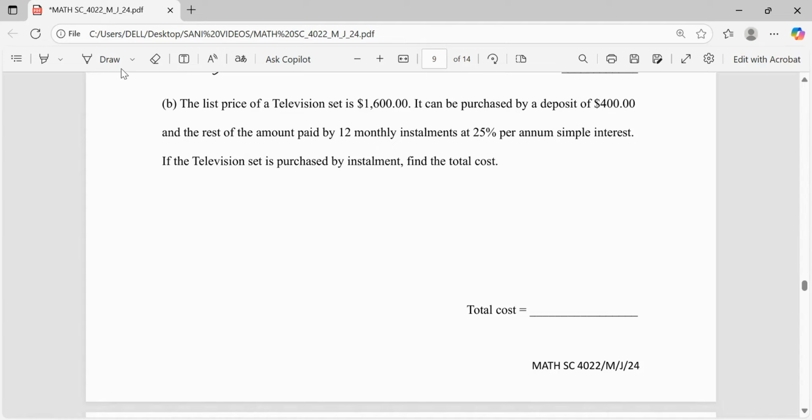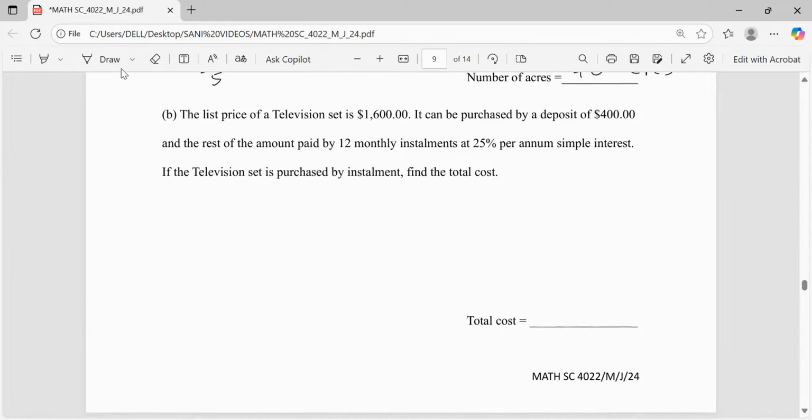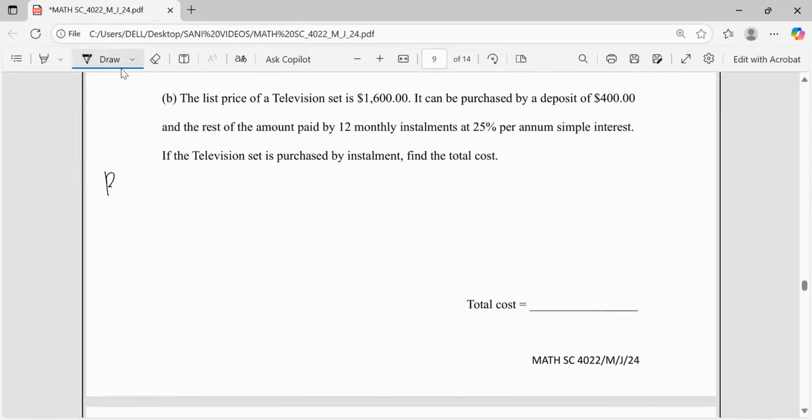Now, if $400 is deposited, the remaining amount to be paid will be $1,600 minus $400, which equals $1,200.